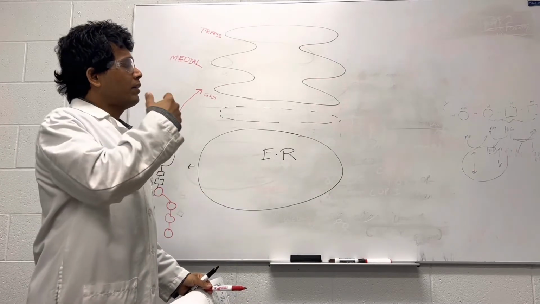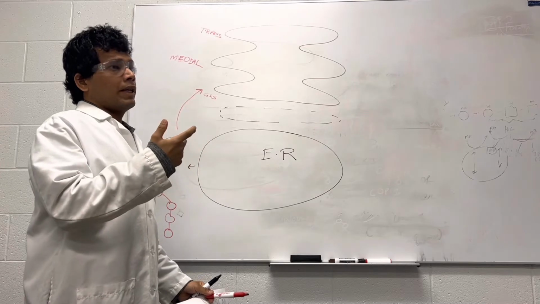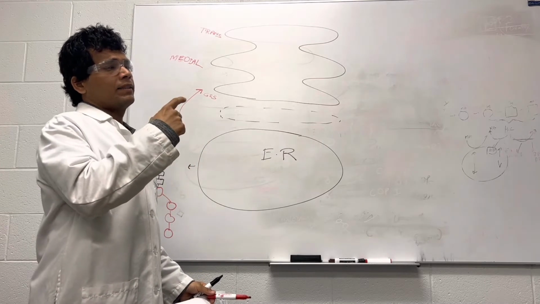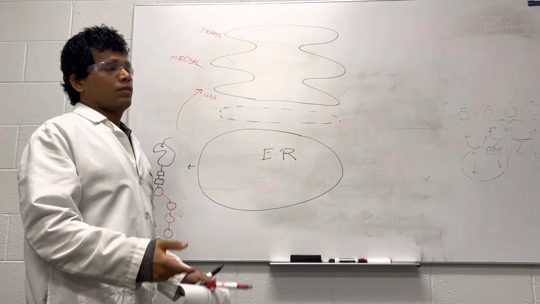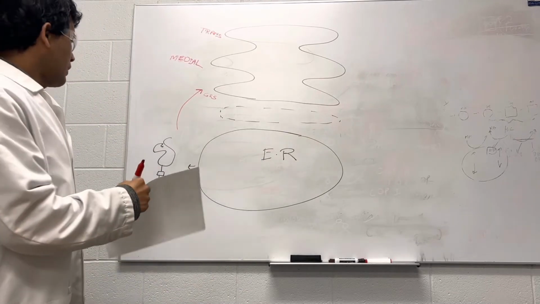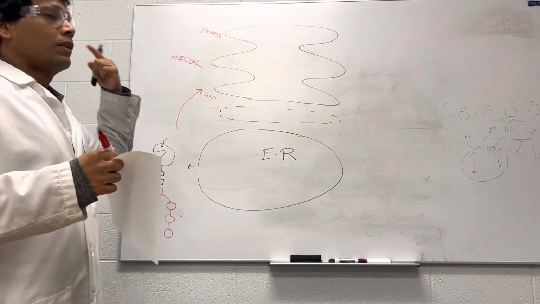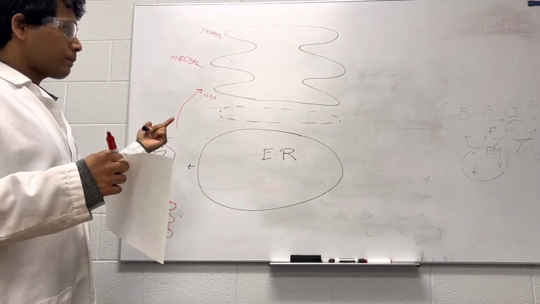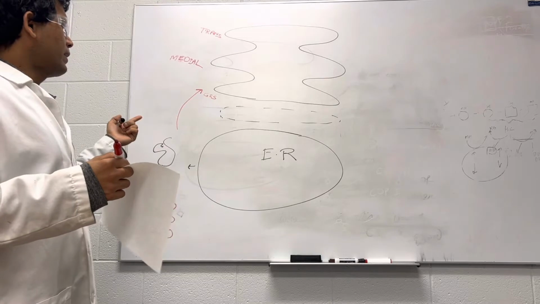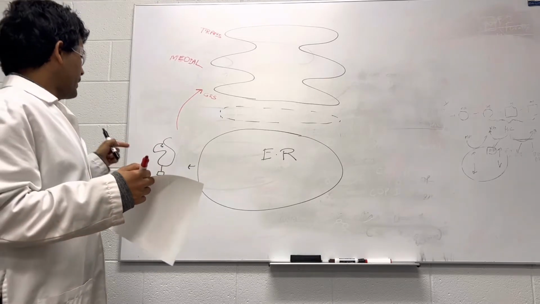Then that will be detected, and that signal will direct it towards the lysosome for degradation. So we will understand what that signal is and how that signal is incorporated in this glycan.